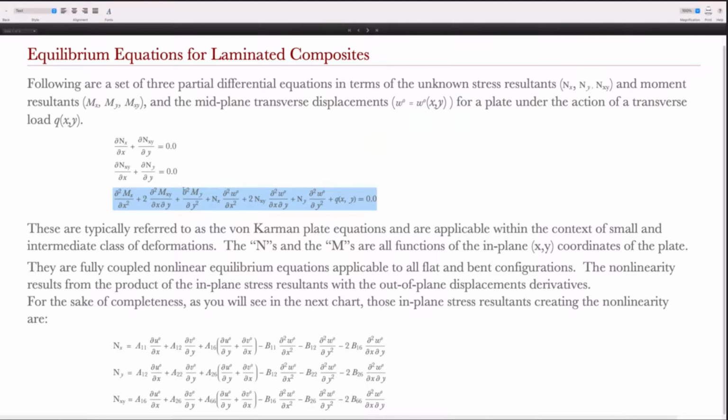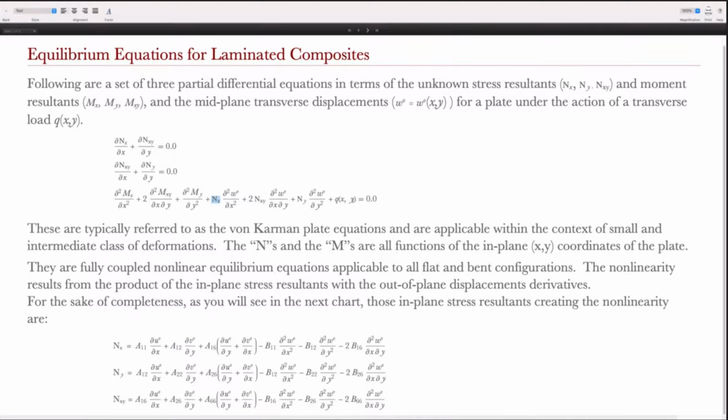And these N's and M's are, of course, functions of displacements as well, but there's also explicit displacement derivatives here and here. These are actually nonlinear terms because Nx is a function of displacements also, and Ny and Nxy. So when you have a product of these, this becomes a nonlinear equation.